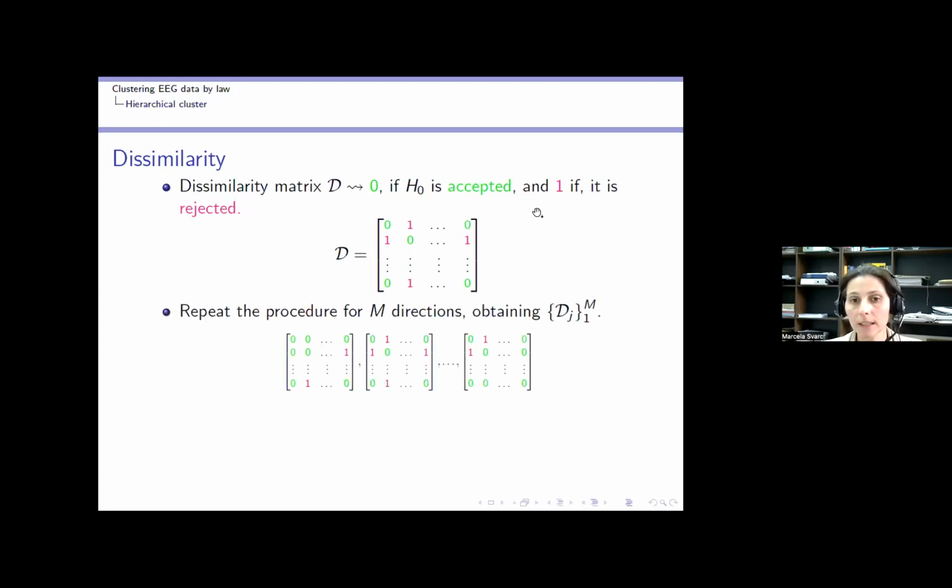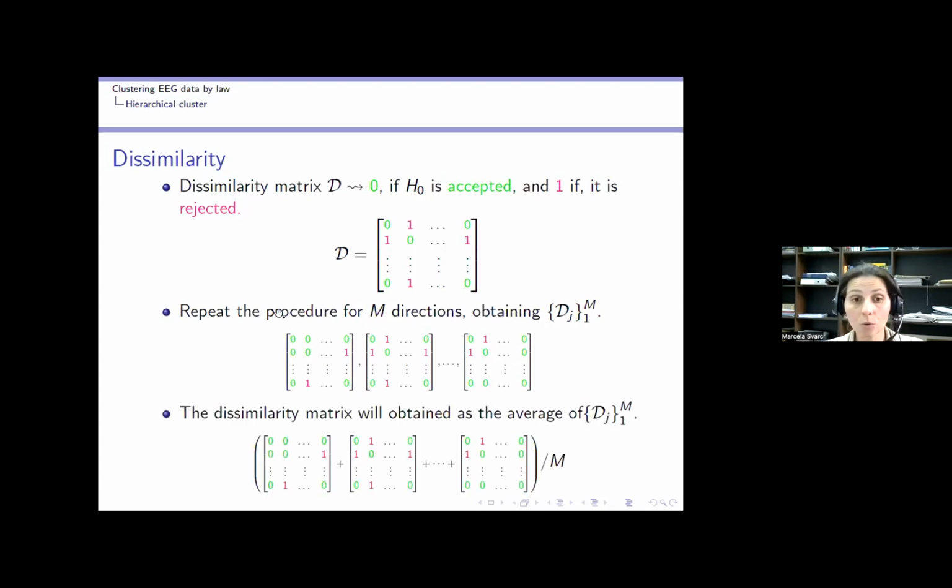Due to numerical instabilities, we can repeat this procedure many times, m times. Hence, for each of these m random projections that we generate, we obtain a different dissimilarity matrix, which we can summarize into a final dissimilarity matrix that will be the mean of the dissimilarity matrices built.